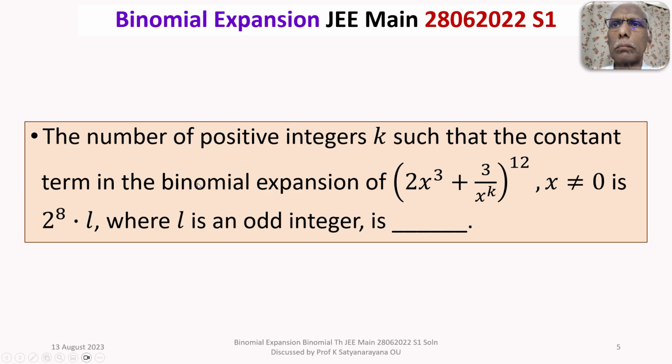We are given a binomial expansion, that is (2x cube plus 3 by x to the power of k) whole to the power of 12, where x is not equal to 0.